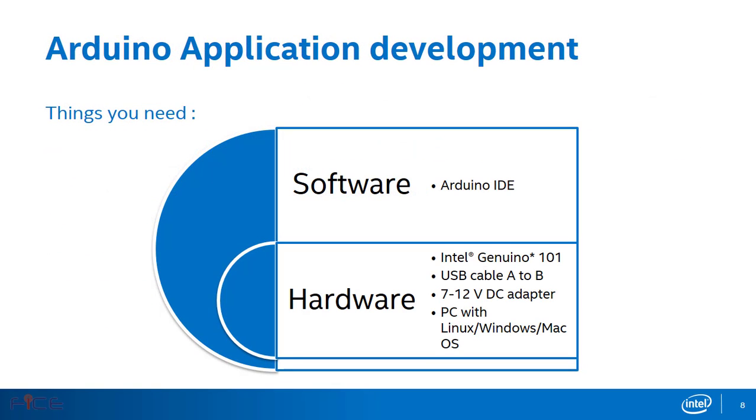So now let us see how we can develop an Arduino application using Intel Genuino 101. Before starting, you need to make sure that you have the Arduino IDE installed, an Intel Genuino 101, a USB cable A to B, a DC adapter ranging from 7 to 12 volts, and a host machine running either Linux, Windows, or Mac OS.